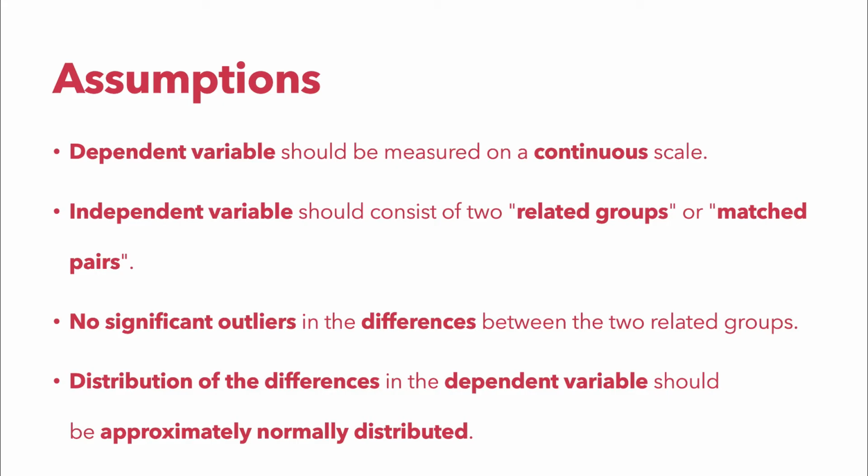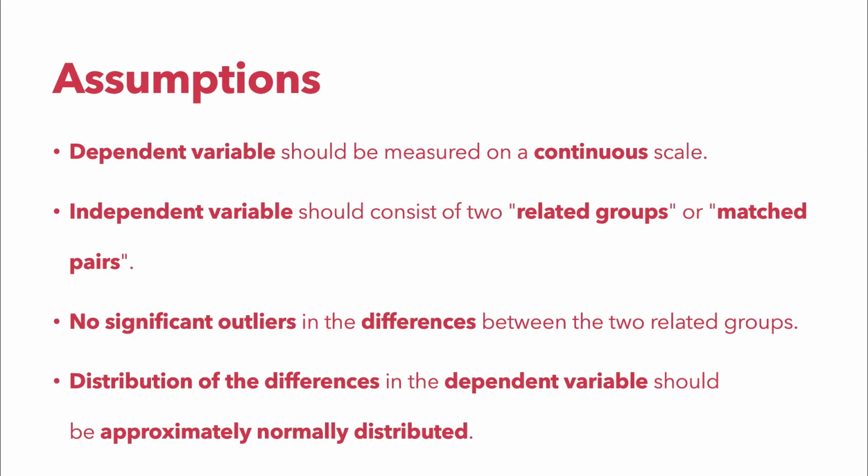And lastly, we need to check for approximately normally distributed data in both of these samples of quiz 1 and quiz 2. Means we need to check for normality of data, because t-test is a parametric test and can only be applied if your data is following a normal distribution.